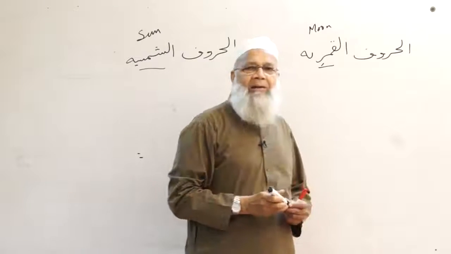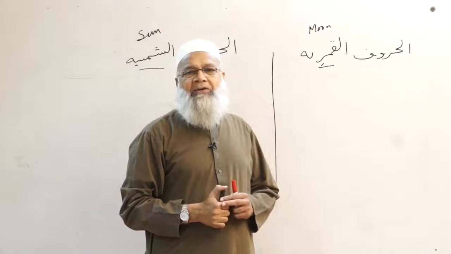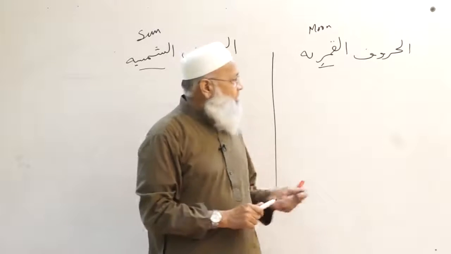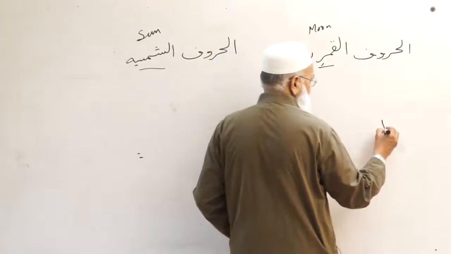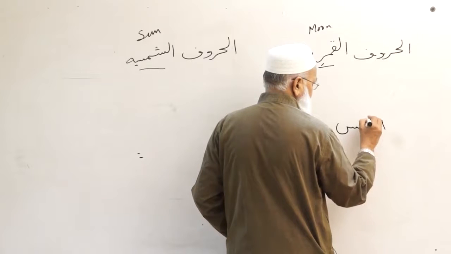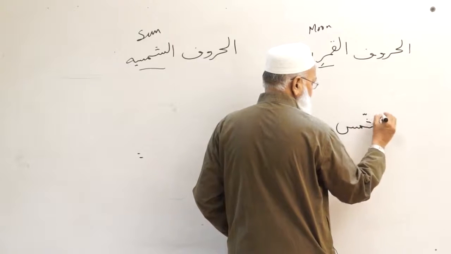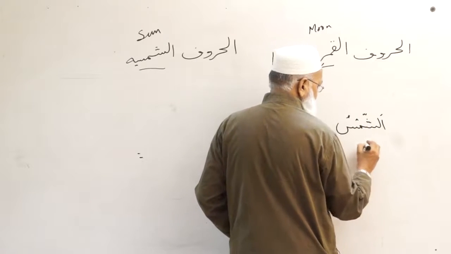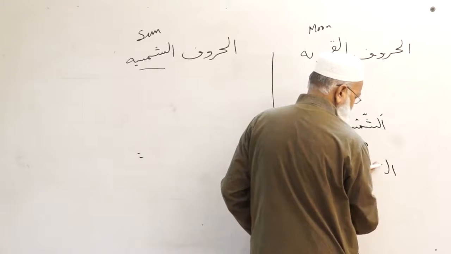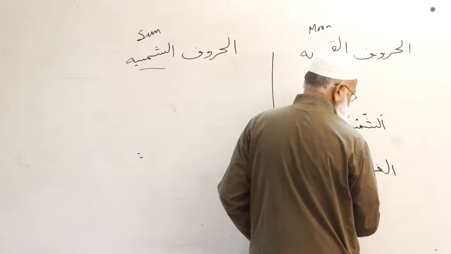In Surah Rahman, you have an ayah, Ash-Shamsu wal-Qamaru bil-Husban. Ash-Shamsu, wal-Qamaru.